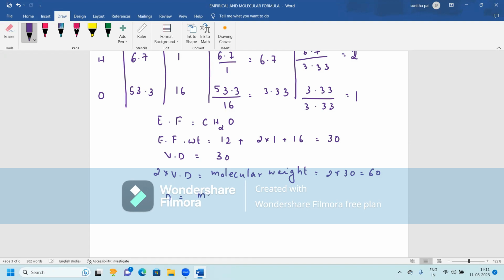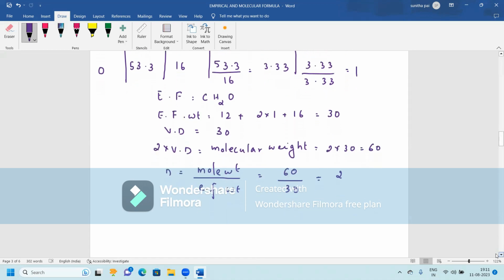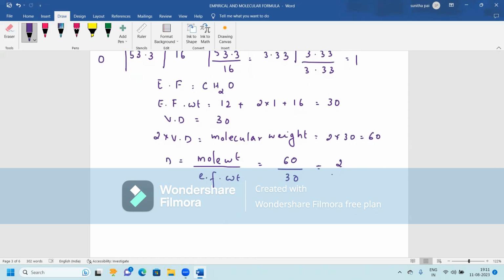N is equal to molecular weight divided by empirical formula weight. So that is 60 divided by 30. Here the value of N is equal to 2. Don't think that N should always be 2. N can be any whole number.